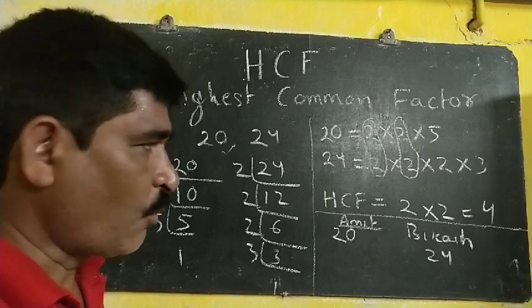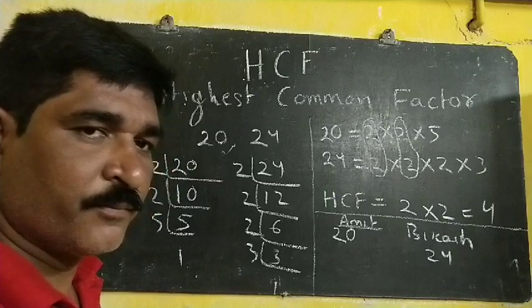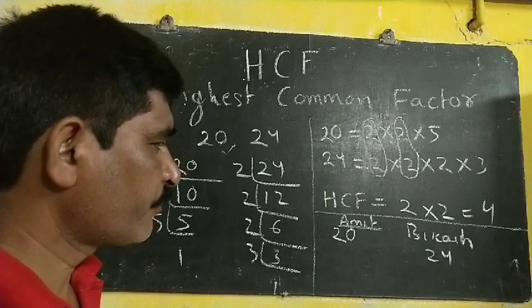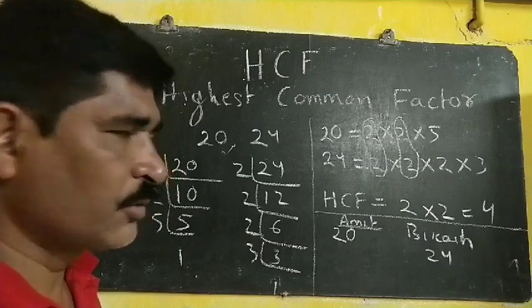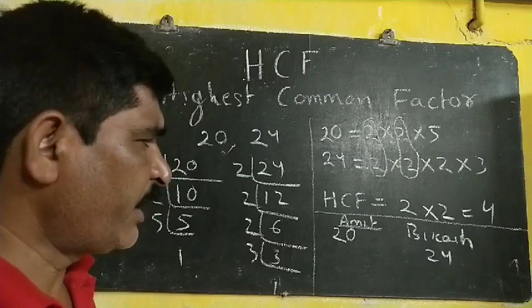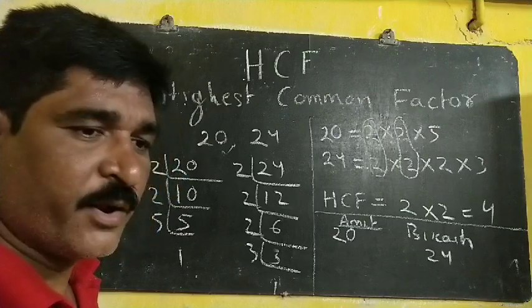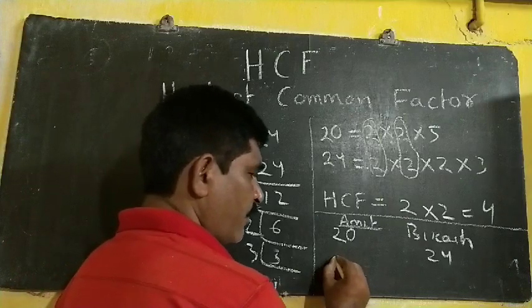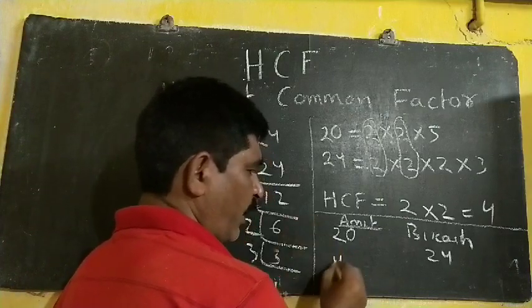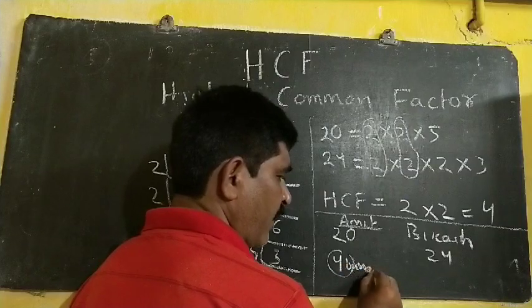Okay, at one time, what is the maximum number of bananas they can feed to the elephant? Maximum number at a time. In here see, they are feeding 4 bananas each time.